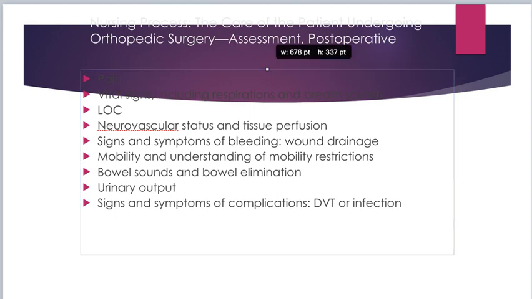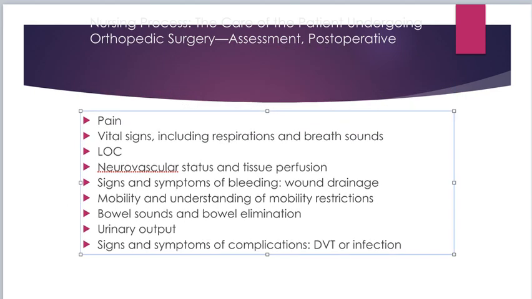So caring for these patients post-operatively: pain, vitals, especially respirations and breath sounds, level of consciousness, neurovascular status, and tissue perfusion, especially distal to the wound, signs and symptoms of bleeding, looking at that incision or the wound, mobility and understanding mobility restrictions, bowel sounds, bowel elimination, urinary output, signs and symptoms of complication, DVT or infection.